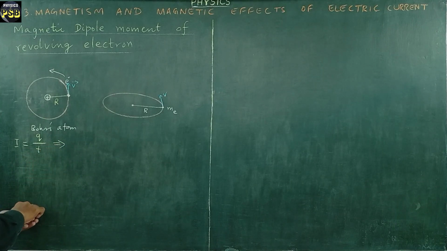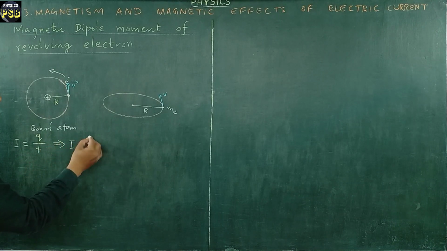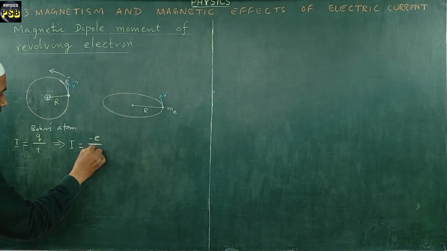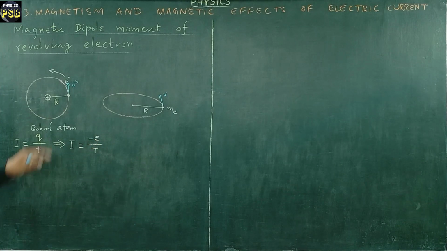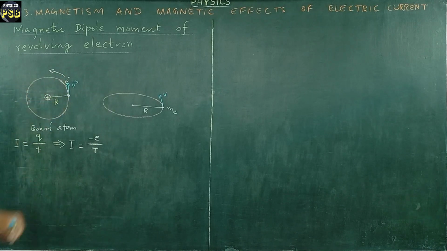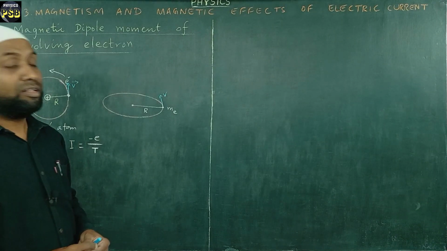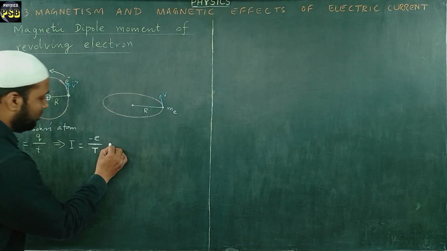That is written as I equals minus e upon T. Here capital T is the time taken by the electron to complete one revolution around the nucleus. And the minus sign represents the negative charge of the electron. I take this as equation number 1.